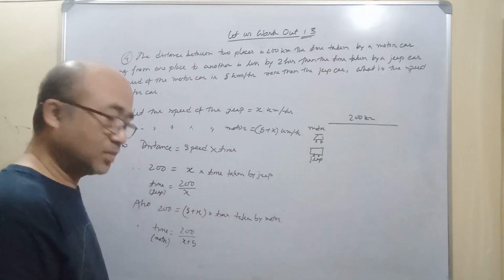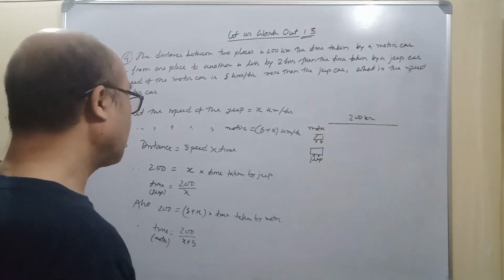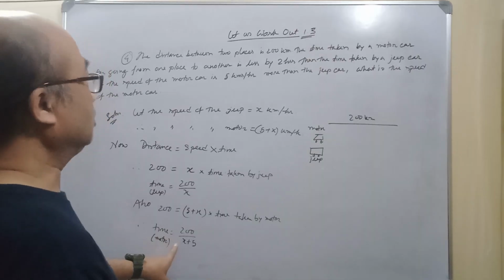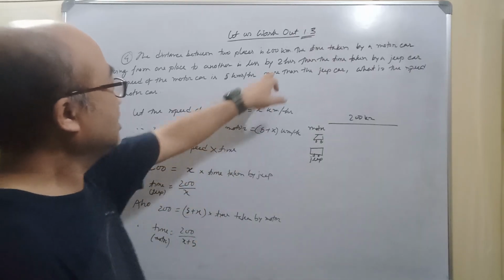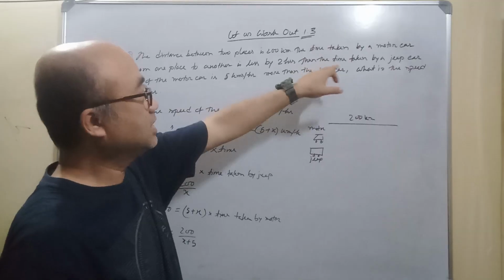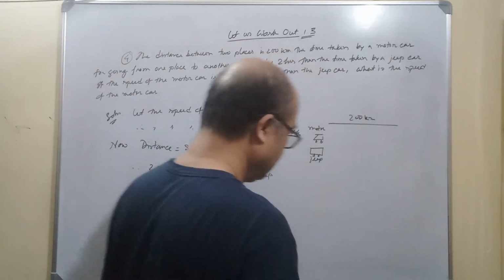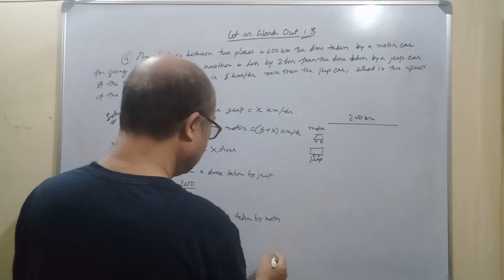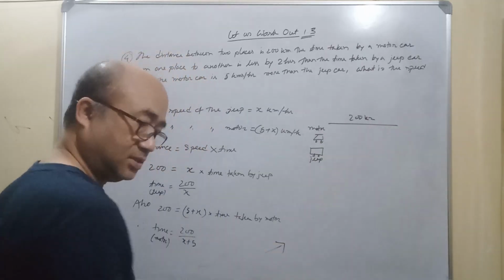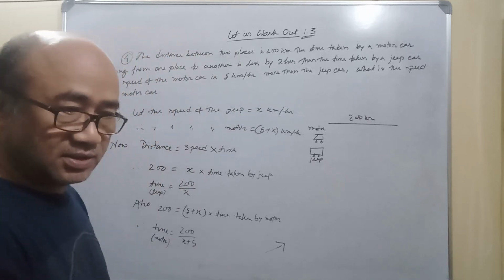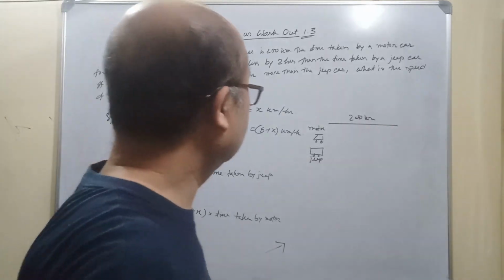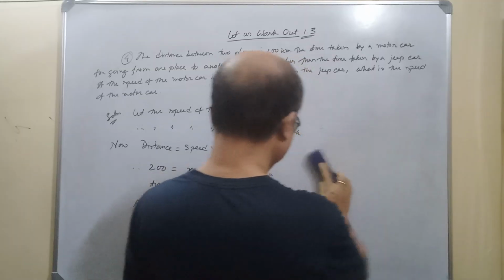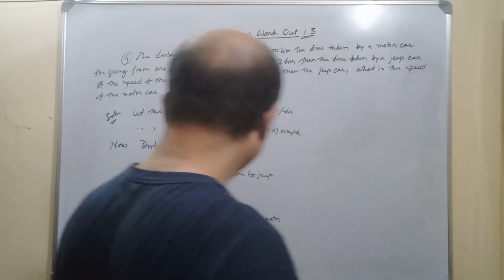Now here you will notice that the time taken by the motor is less by 2 hours than the time taken by the jeep car. Let us erase this one, this is not required. So you can continue here.